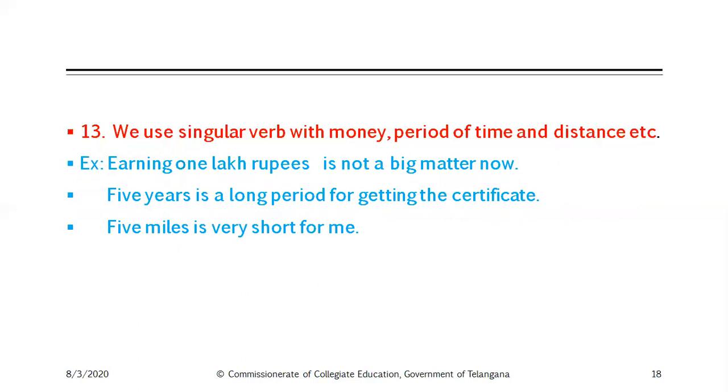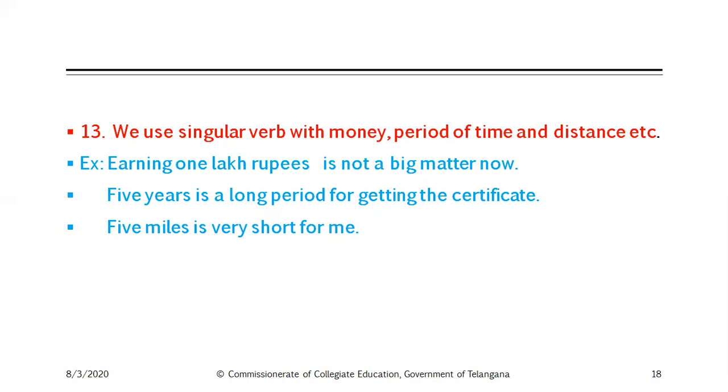And the next one is, we use singular verb with money, period of time, and distance, etc. Earning 1 lakh rupees is not a big matter now. 1 lakh rupees is singular now. 5 years is a long period for me to wait to get married.